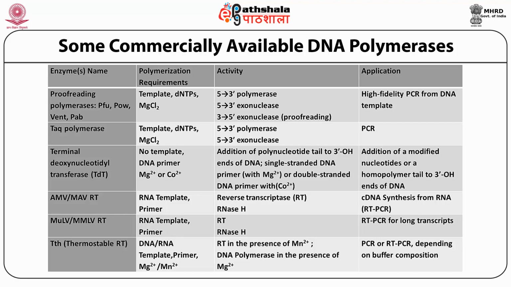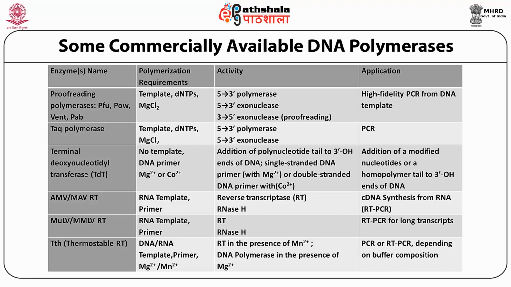Then there is another example of reverse transcriptase, AMV, that requires an RNA template and primer for polymerization. It shows reverse transcriptase activity. What that means is it can reverse transcribe an RNA to a DNA molecule.